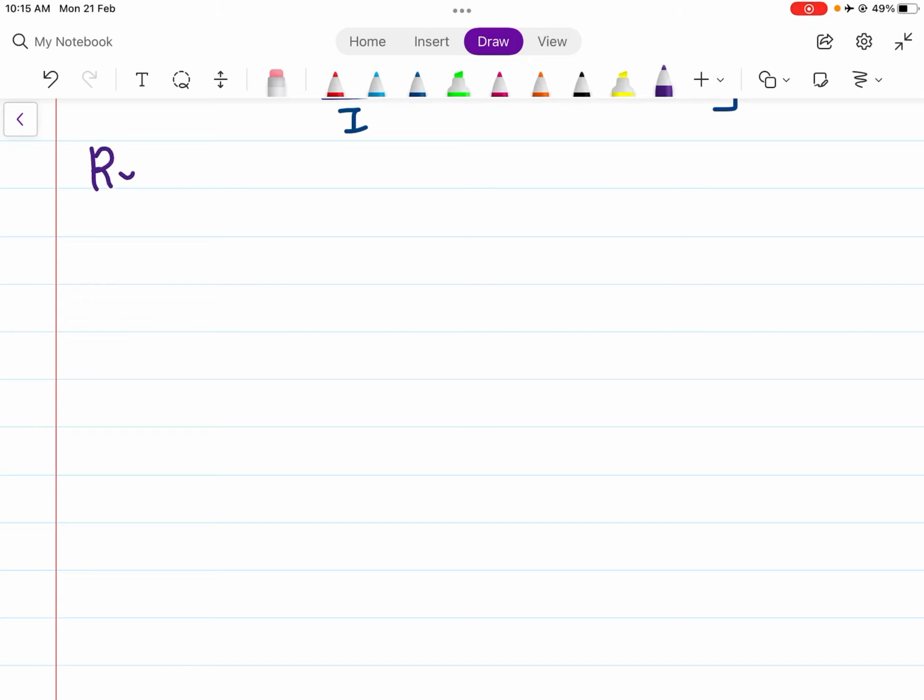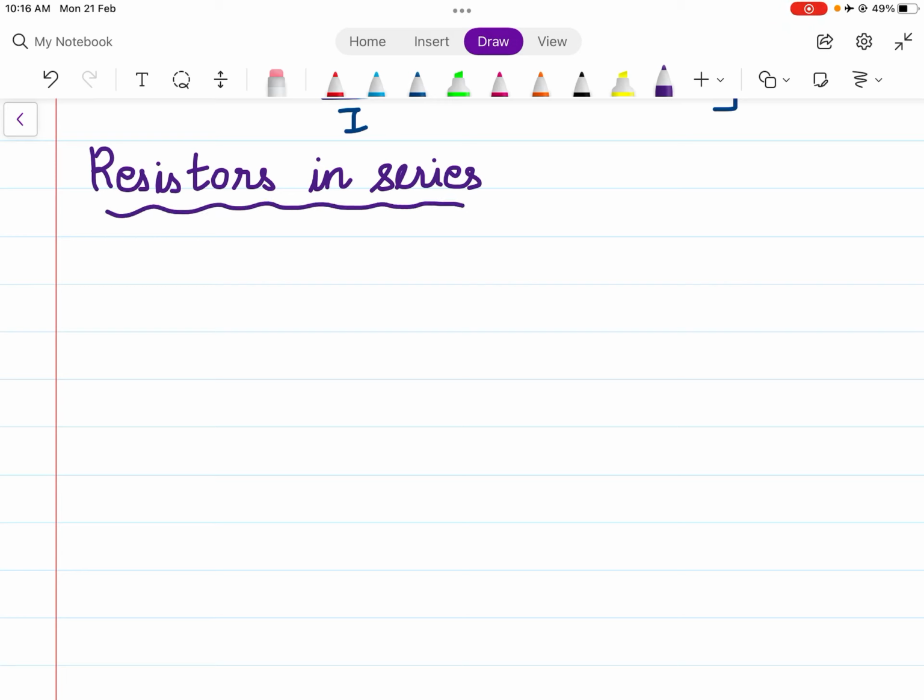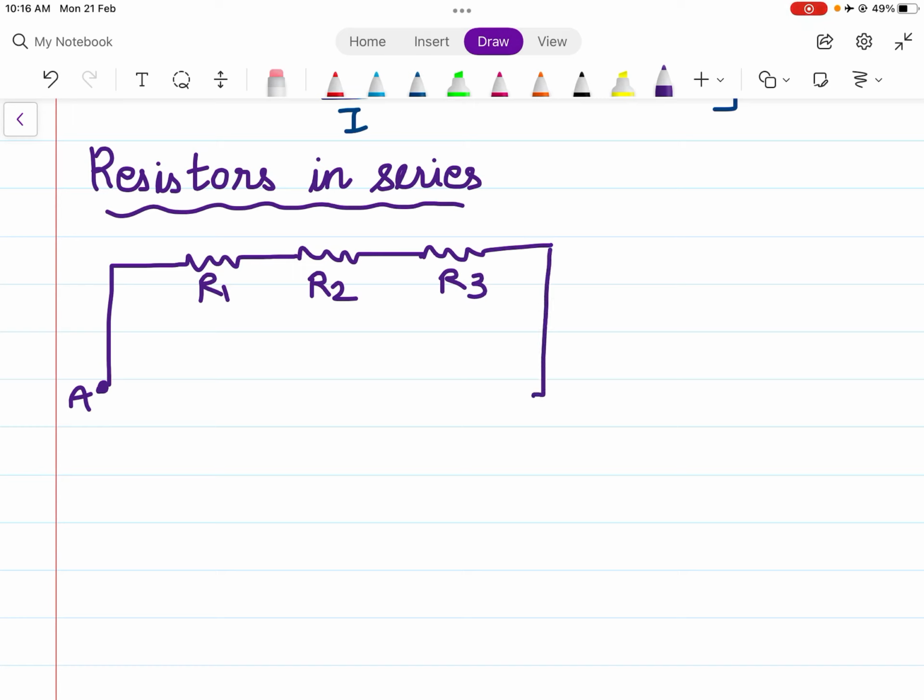Next we will see resistors in series. Suppose this is the terminal A, this is R1, this is R2, this is R3, and then you have a terminal B over here.